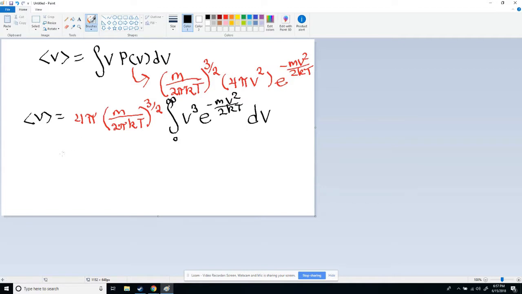All right, so from here, it's basically just going to be some integration, and I'll go ahead and name some constants just to get rid of some fun stuff. So we'll let alpha be equal to m over 2 kT, and we'll just make our life slightly easier.